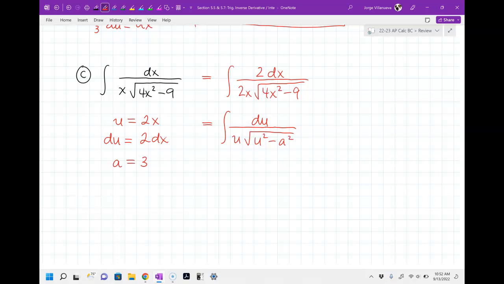That's what it looks like right now. If I plug everything back, it looks just like that. So that's going to be 1 over a secant inverse of absolute value of u over a plus c, and then just plug in your information. So your a term is 3, secant inverse of your absolute value of 2x over 3 plus c.